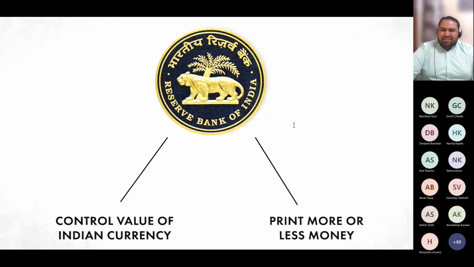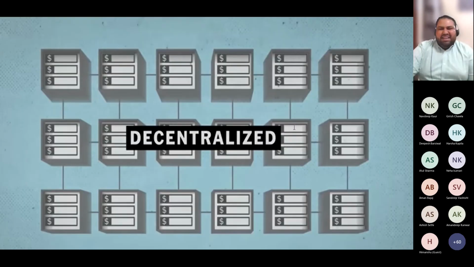But this is not the case with other currencies, like Bitcoin, because Bitcoin is decentralized and based on blockchain technology. So no central agency is there to control Bitcoin, and it is possible because Bitcoin is based on the blockchain.